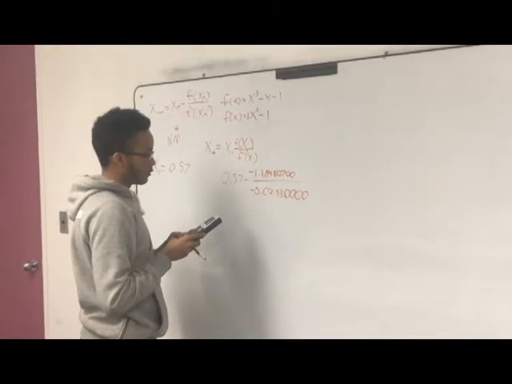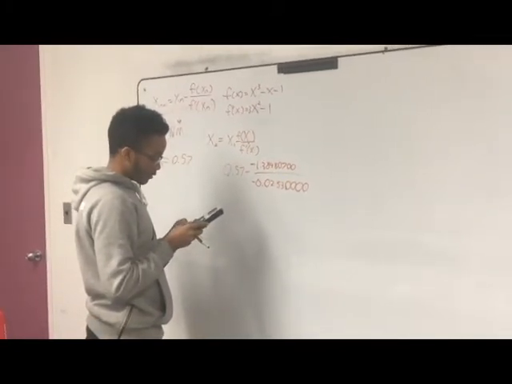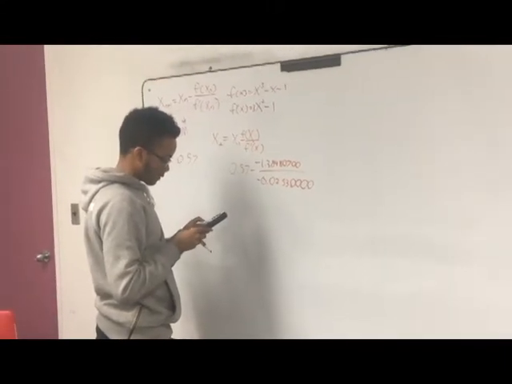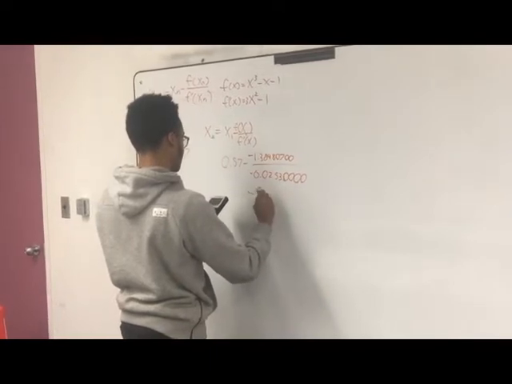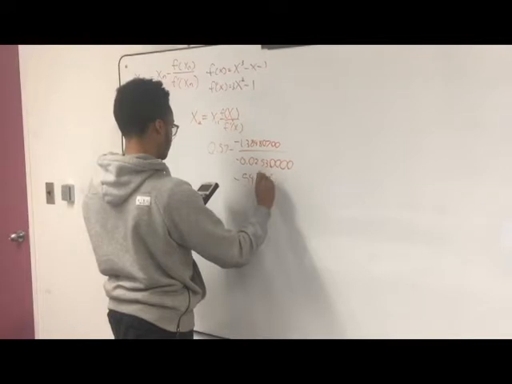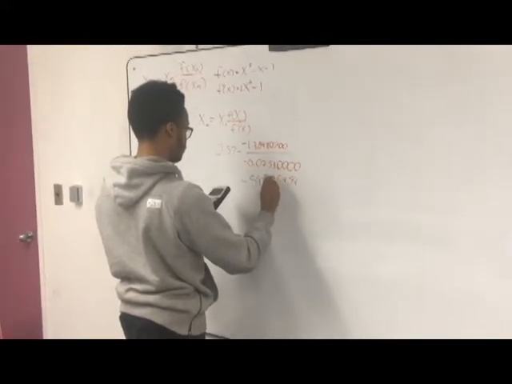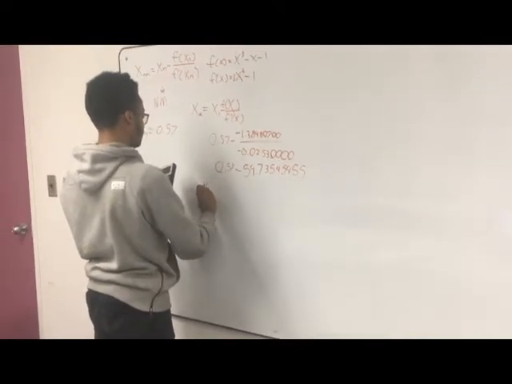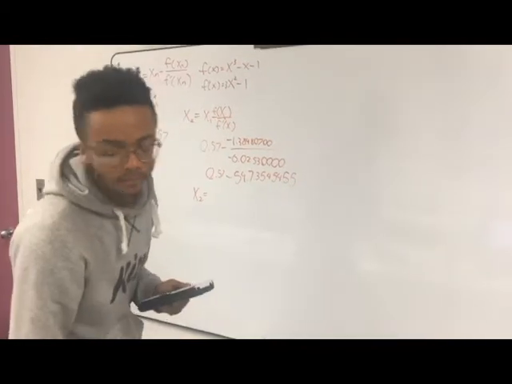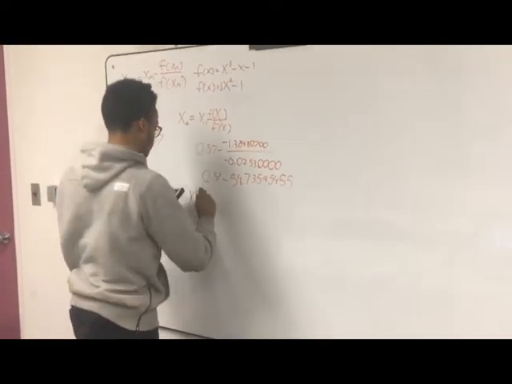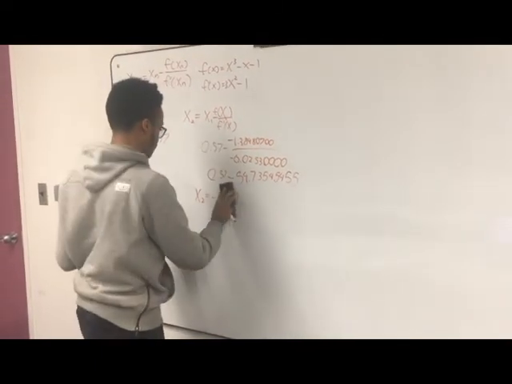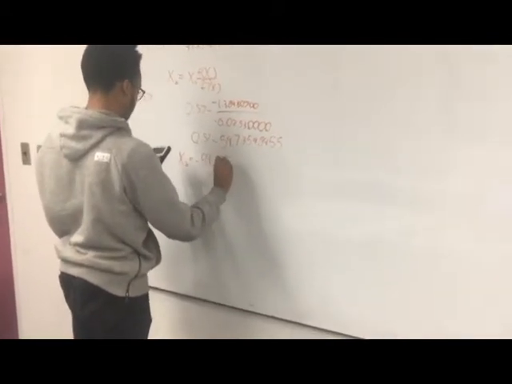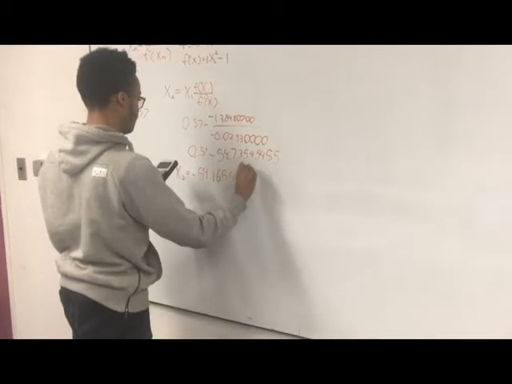And when we divide those two numbers, we have 54.735454 minus 0.57, which totals out to negative 54.165454555.